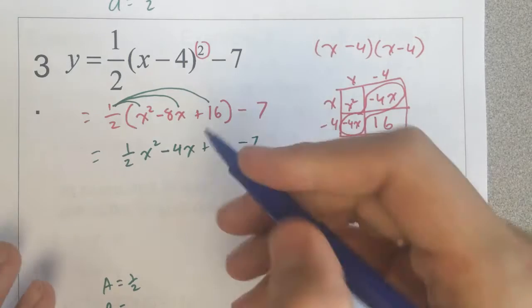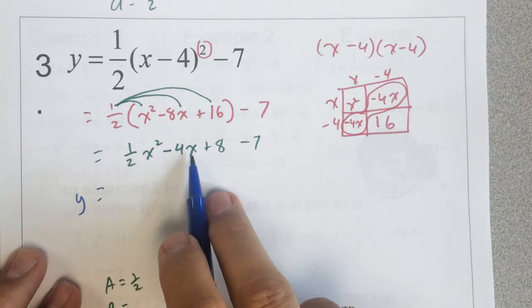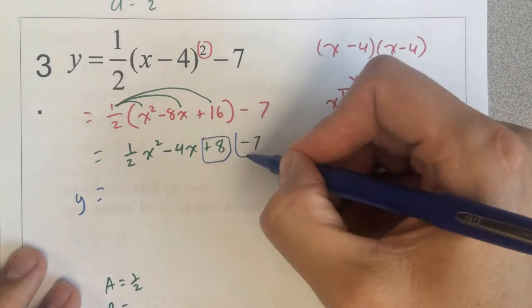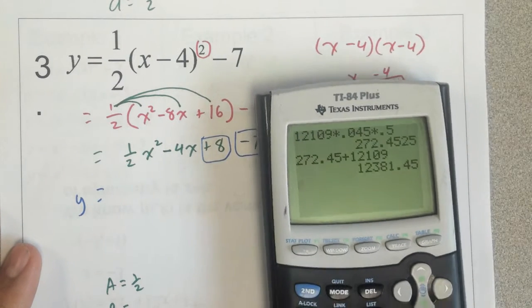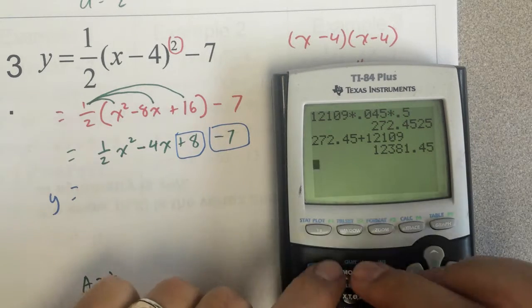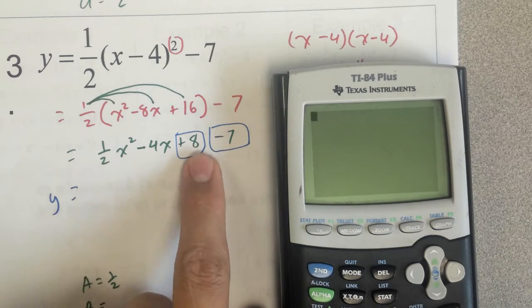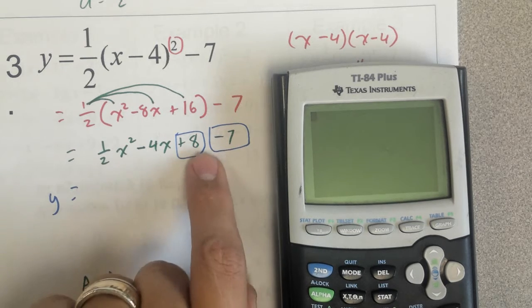Then I'm going to come down. I'm going to look for like terms. No like terms, no like terms. Okay. 8 and -7 are like terms. Wonderful. Just a reminder, if I am doing this in the calculator, and I want to do 8 minus 7 or 8 plus -7, there's only 2 ways to do this.